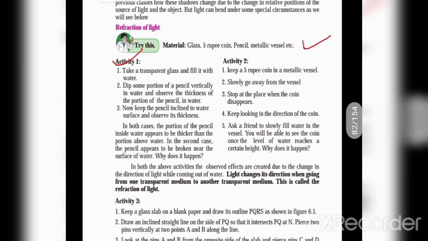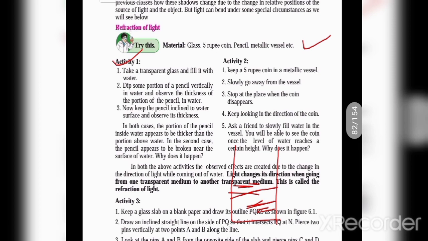Okay, what is the first activity? First point: take a transparent glass and fill it with water. That means we have to take a small glass and fill it with water.